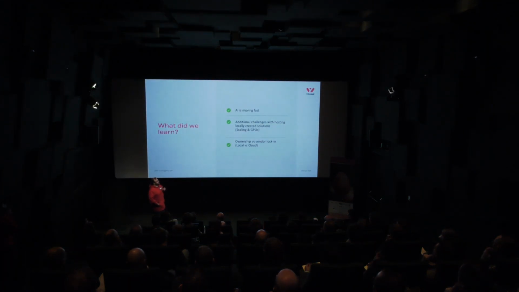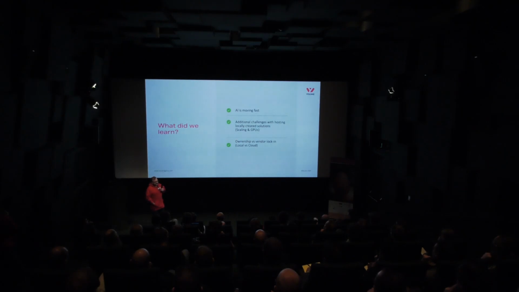So what did we learn from that? Yes, AI is moving fast. One problem that we spent months on basically to try to fix, a few months later was fixed inside of the models themselves. So that's something really important that we learned.